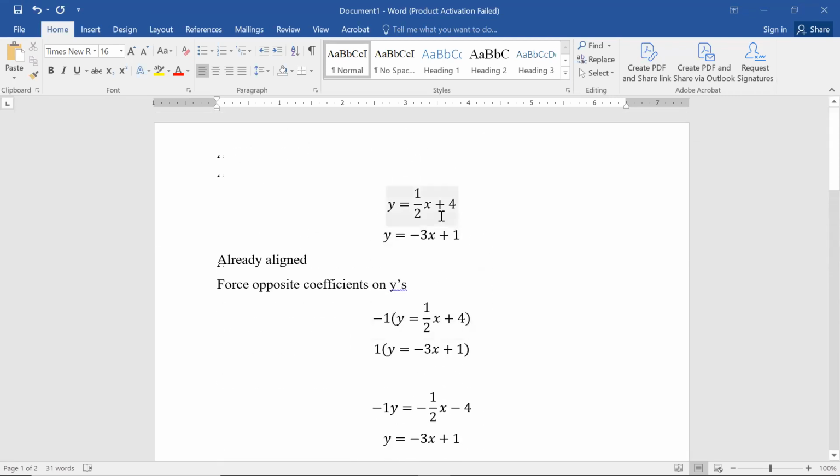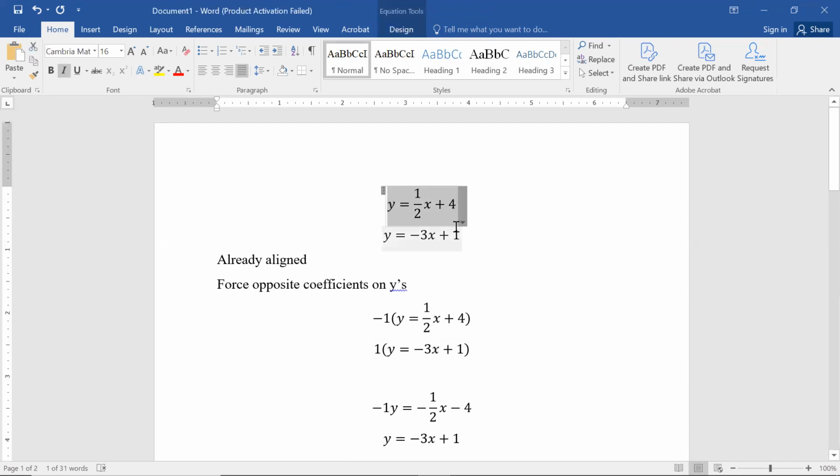If you're ever in doubt whether or not that's a point that works, just plug it in to both the first equation and the second equation to see if you got the question right. So sure enough, when you plug in the point into the first equation, you get a true statement.